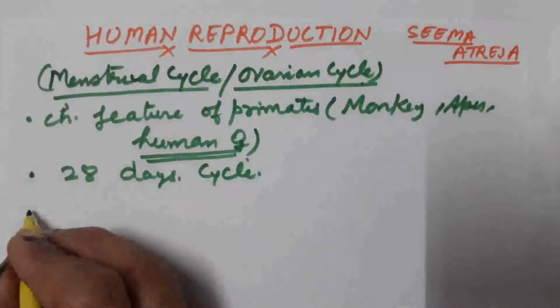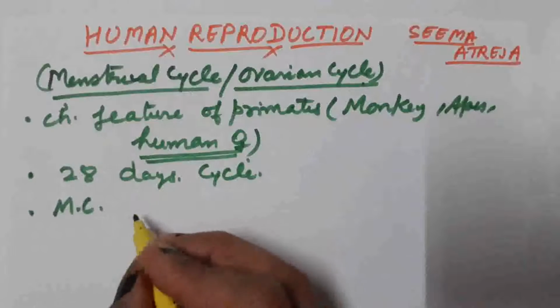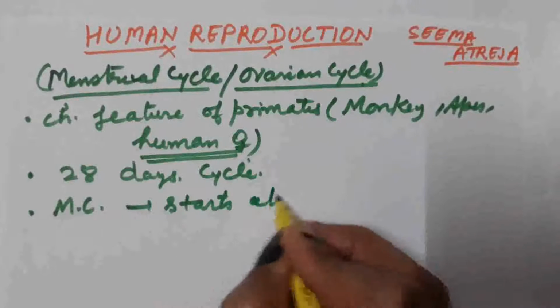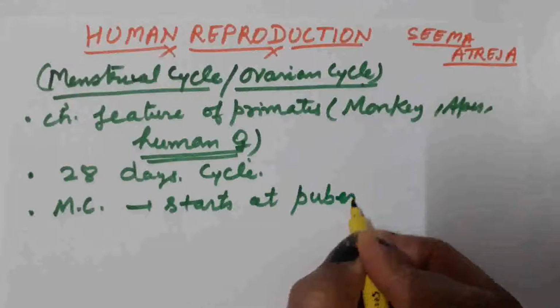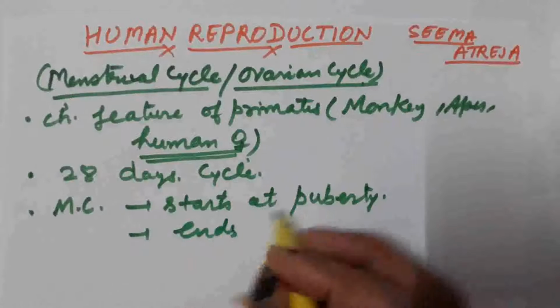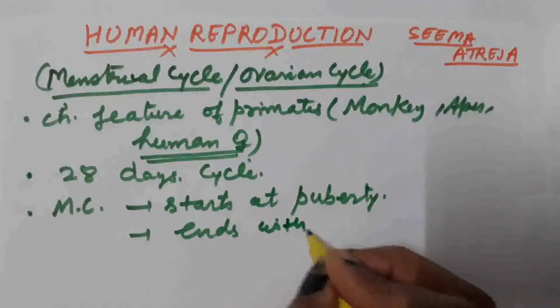This menstrual cycle starts at puberty and ends with menopause.